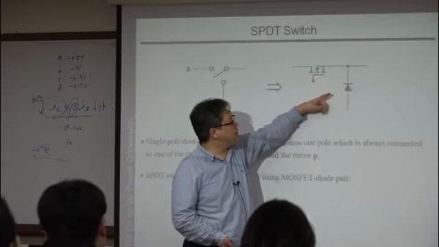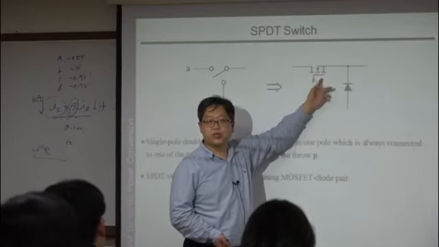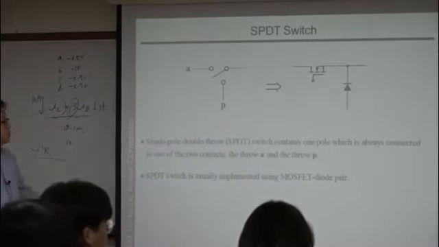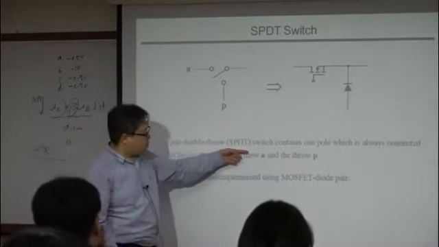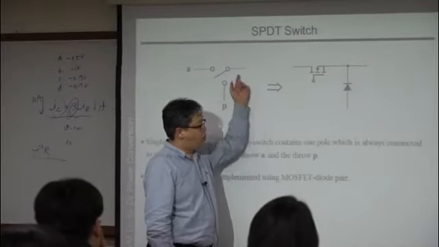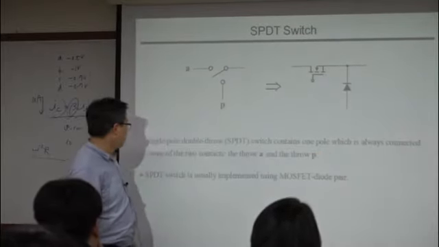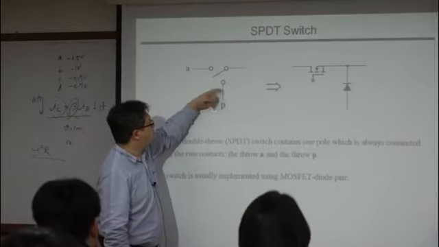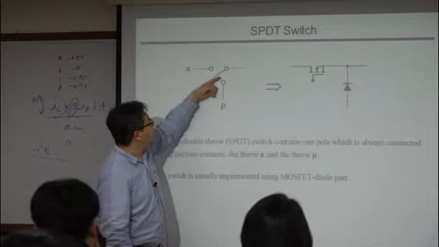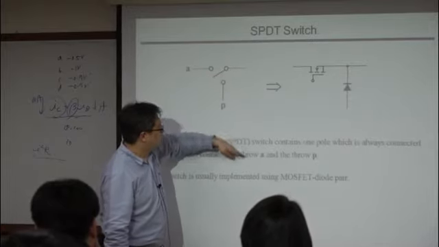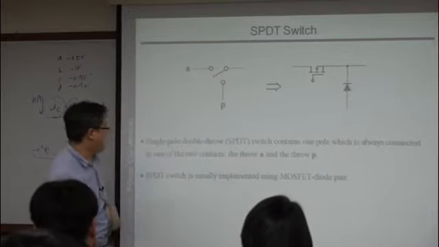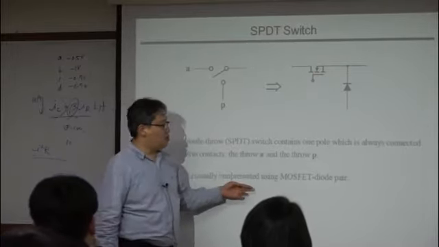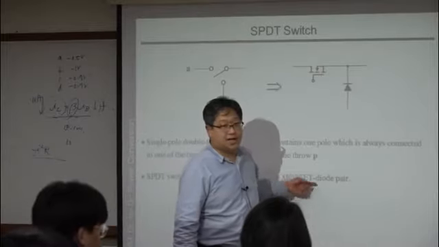You can also use both active switches. An SPDT switch contains one pole which is always connected to one of the two contacts, A and B. An SPDT switch is usually implemented using an active switch and diode pair.